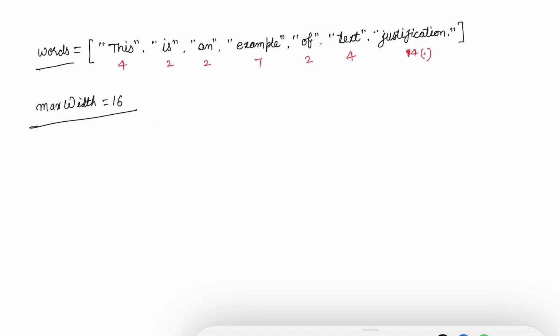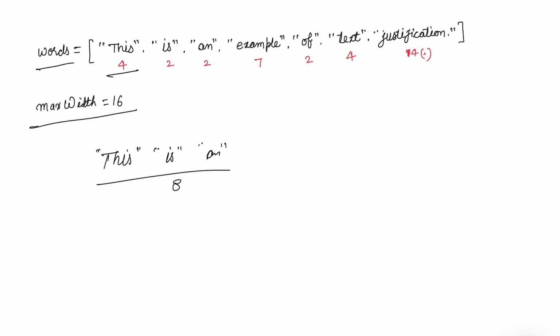At first we will put our first word, we will traverse each word. This has four characters. Again, this has two characters, and this has two characters, so the total is 8. So what will be the minimum number of spaces?